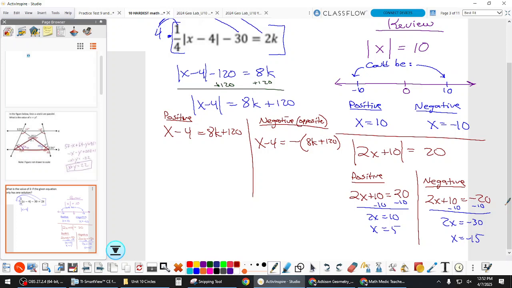Okay, now I know we have two variables in here, but that's okay. Let's get x by itself. Add 4. So we'll get x equals 8k plus 124. Okay, over there.